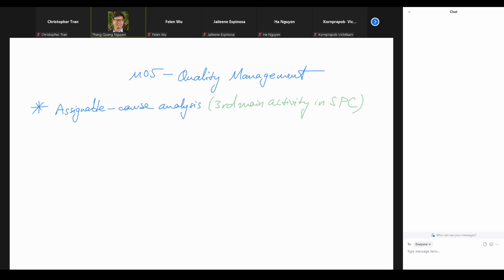Last time we already talked about the cause and effect diagram. That's one way to investigate the causes. We call this a fishbone diagram because it looks like one, right?